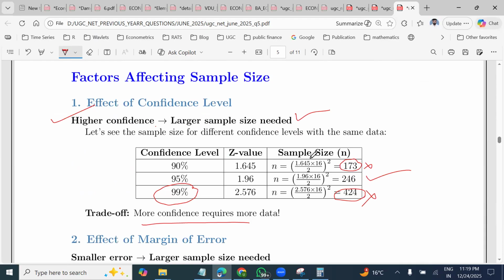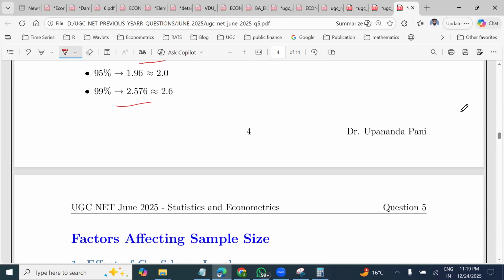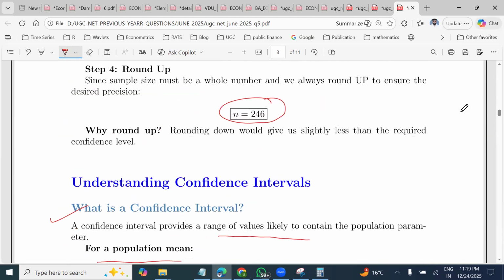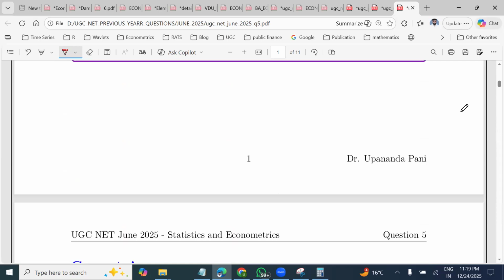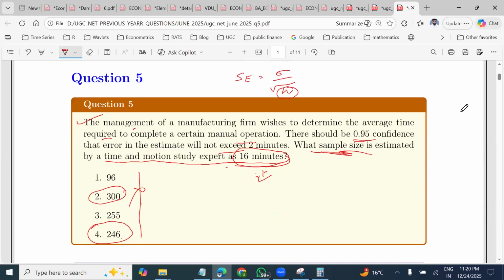So we have to judge that, because there is no other value in this question. Another trick: you are only given 3 numbers. This is given to you, this is given to you, the margin of error. Now what is the third thing you need in this formula?